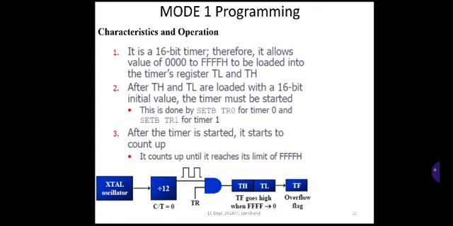When it rolls over from FFFF to 0000, that means whenever it reaches the highest value, FFFF, it rolls over to the next value, which is 0000. It will not go to a 17th bit, as 16-bit is the limit and the maximum value is FFFF.